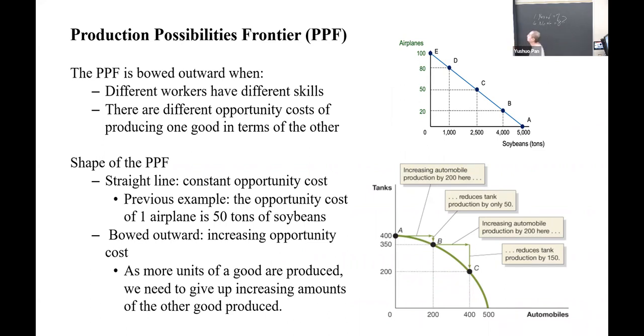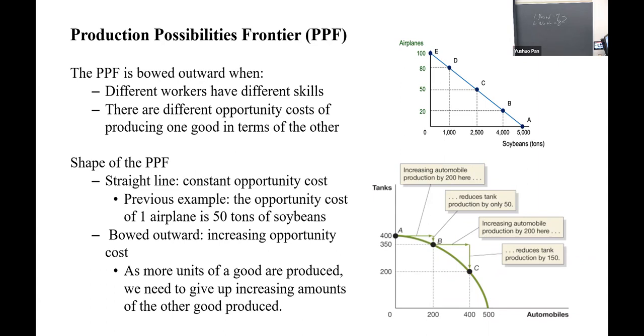Because different workers have different skills. Maybe some workers are good at teaching, some are good at training, and some are good at producing. Different people have different specialties, and so putting the right worker in the right place could improve productivity. That's one reason why.